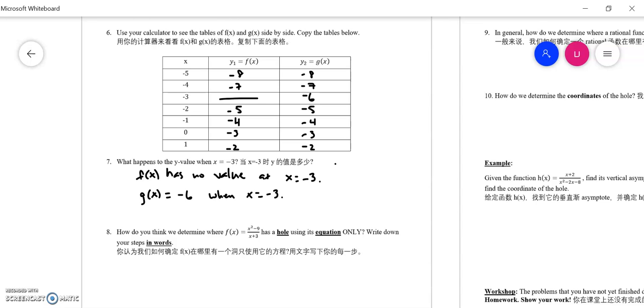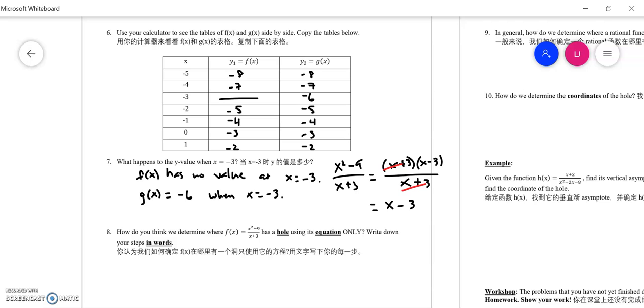We had x squared minus 9 over x plus 3. This is x plus 3 times x minus 3. And then simplifying to become x minus 3. The equal signs show that these things are all equal, except the graphs were not the same. So f of x had a hole, g of x didn't.